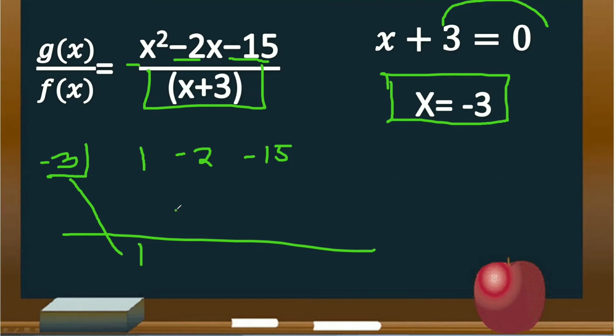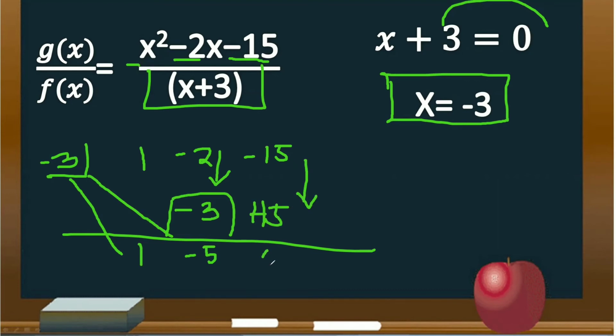The answer will be negative 3, and we will put our answer under the next number, which is negative 2. Then we will add these two numbers, negative 2 plus negative 3, that's negative 5. Then we will multiply negative 3 by negative 5, that's positive 15. And then we will add these two again, this will become 0.